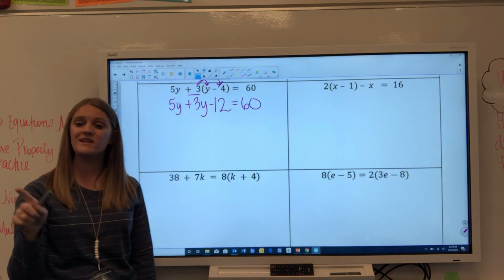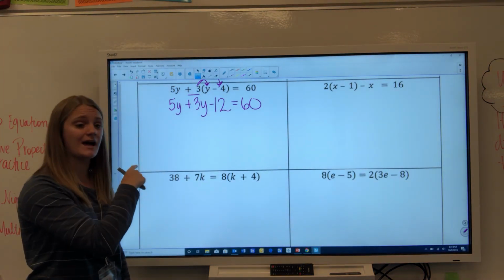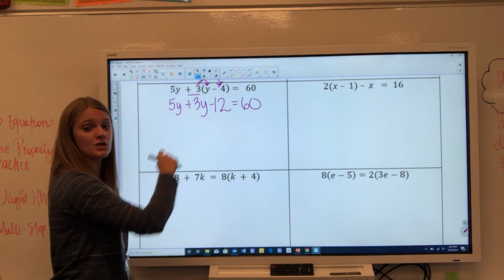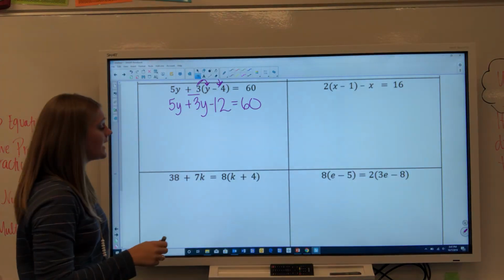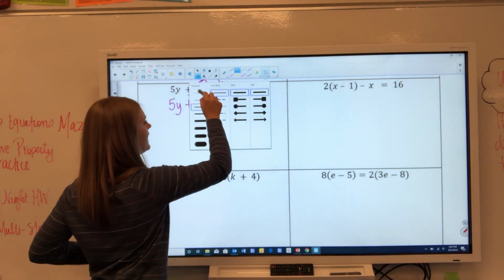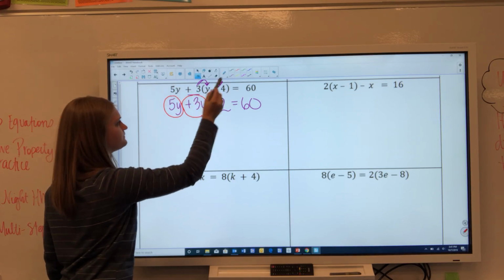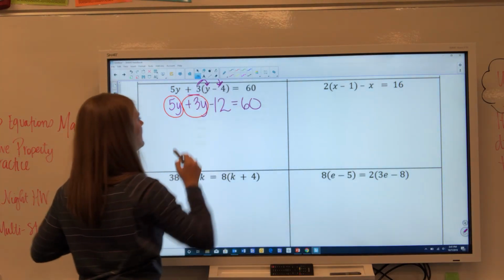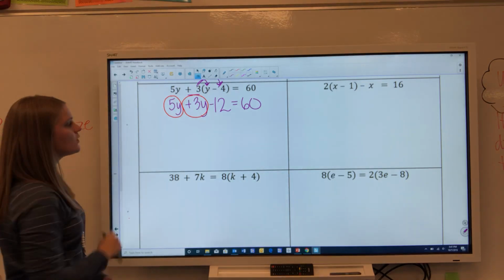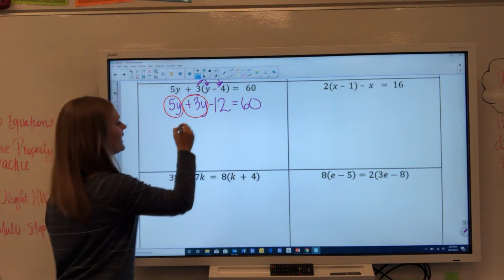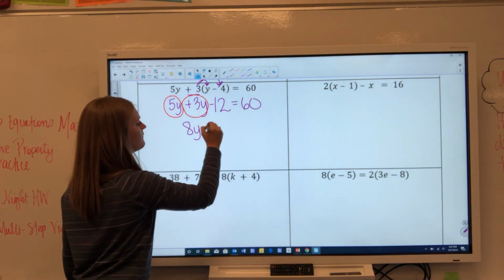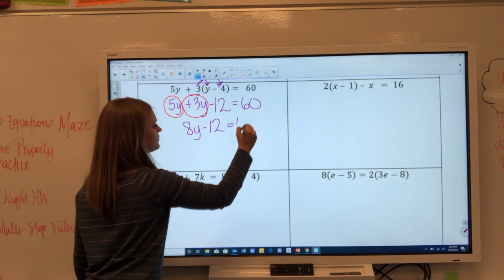I distributed. Now, if you notice the difference between the last problem, I have some like terms that need to be combined on that left side. So I'm going to combine those. Remember, the sign in front of them goes with it. So I have 5y plus 3y, that is 8y, minus 12 is equal to 60.